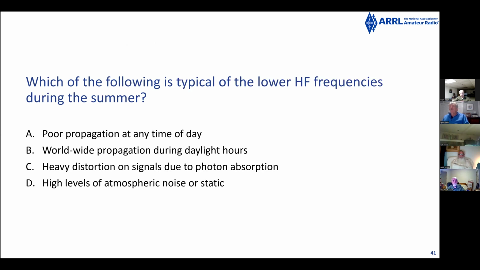Which of the following is typical of lower HF frequencies during the summer? A, poor propagation any time of day. B, worldwide propagation during daylight hours. C, heavy distortion of signals due to photon absorption. Or D, high levels of atmospheric noise or static. 160, 80, 40 meters.